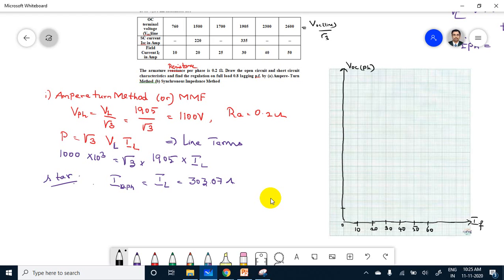So I can set the scale on the y-axis: 200, 400, 600, 800, 1000, 1200, 1400, 1600. Now convert the open circuit voltage from line to phase voltage. How much do we get? 760 divided by root 3, what is the value we are getting?